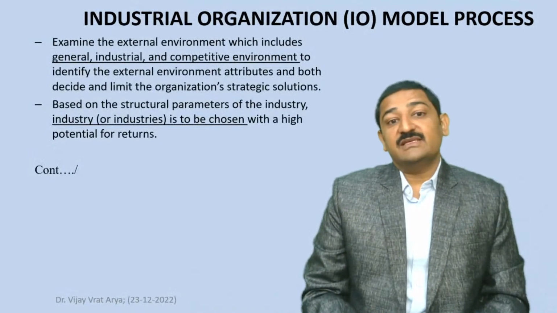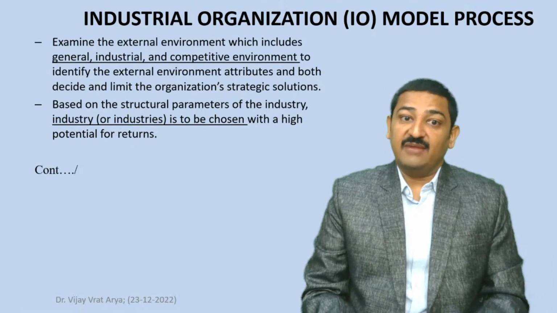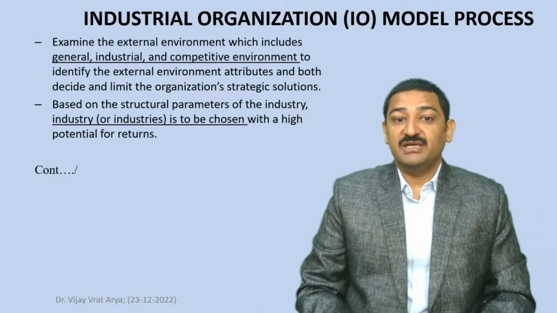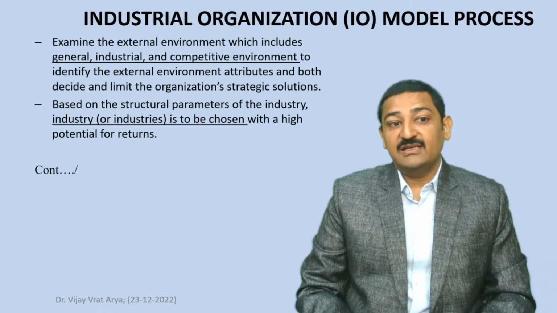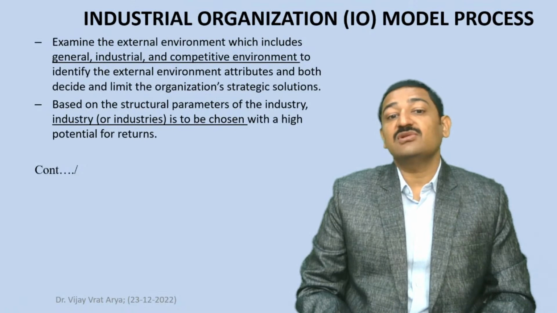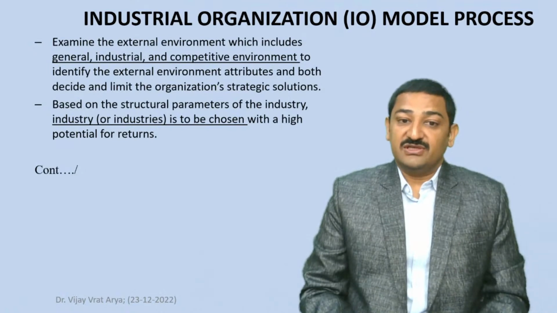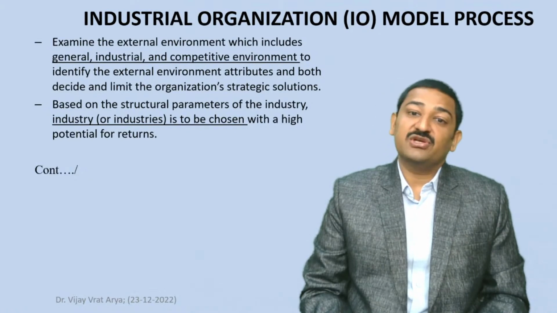So in this particular case, the IO model process examines the external environment, which includes the general, industrial, and competitive environment, to identify the external environment attributes and decide the limits of the organization's strategy solutions based on the structural parameters of the industry. An industry is to be chosen with a high potential of returns.